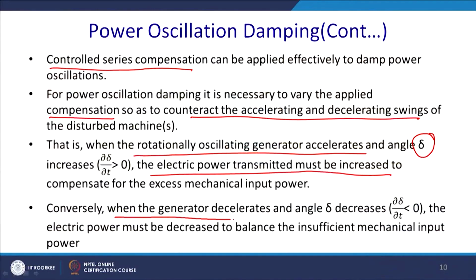When the generator decelerates, an angle delta decreases, the electric power must be decreased to balance insufficient mechanical input power. So, these are the two conditions, and accordingly the impedance of the line required to be changed to accommodate the change of the mechanical input.